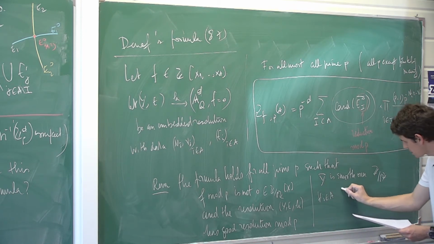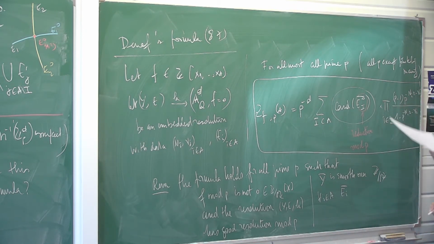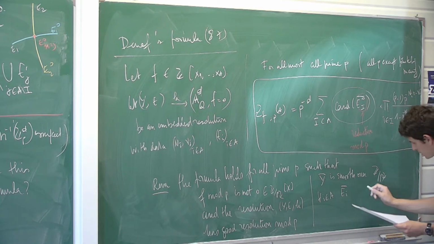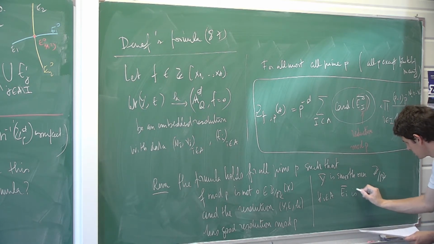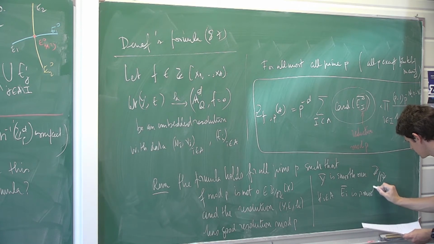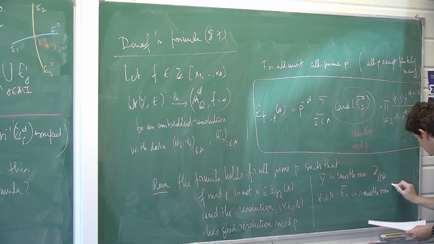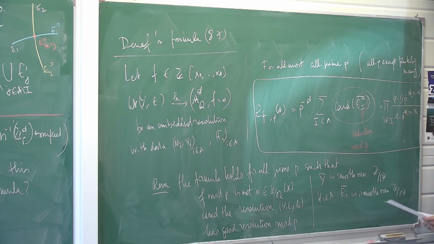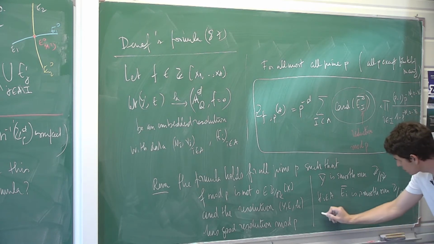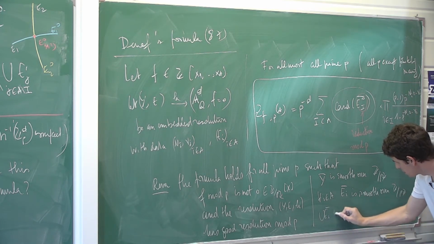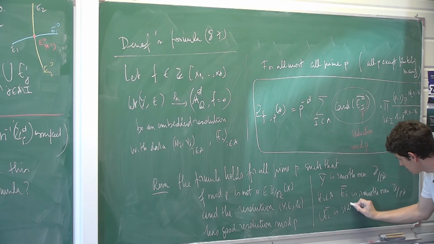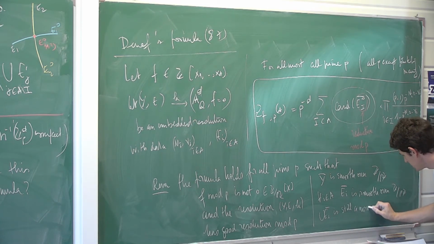When you look at the reduction of the irreducible components of your divisor, it's also smooth. The union is still a normal crossing divisor.